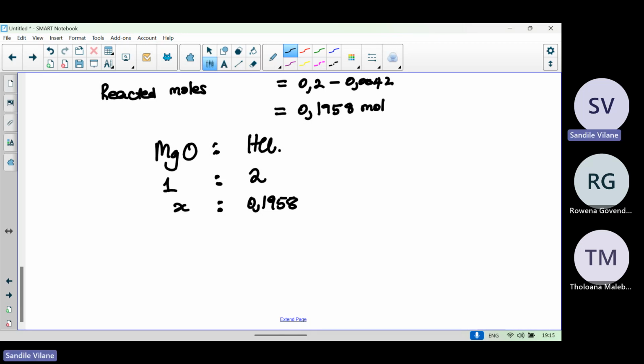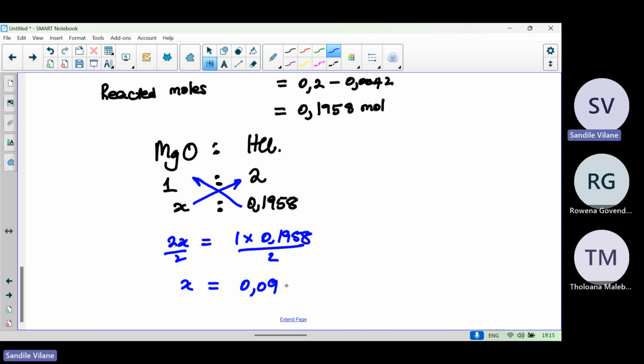So how many moles of this magnesium oxide? The answer is 2x equals 1 times 0.1958, and then we divide both sides by 2 to get, what do we get there? 0.0979, is it?